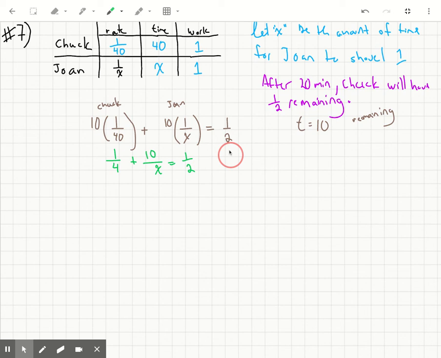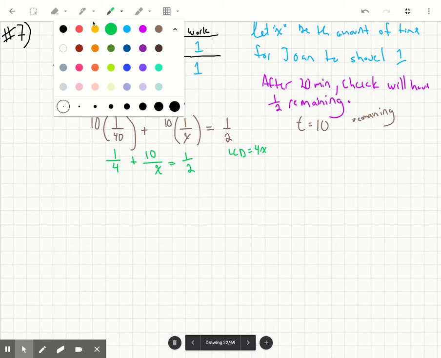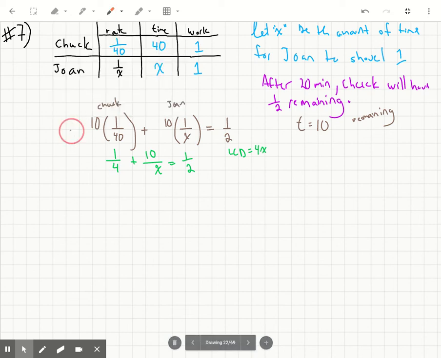Let's say the LCD, lowest common denominator, is equal to 4x, right? Let's go ahead and multiply everything by 4x. So we have 4x on everything, and that simplifies all those fractions, right?